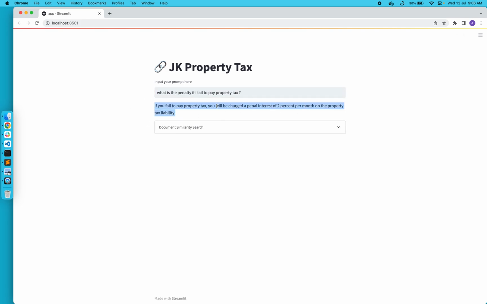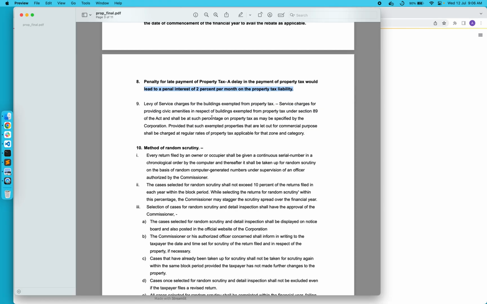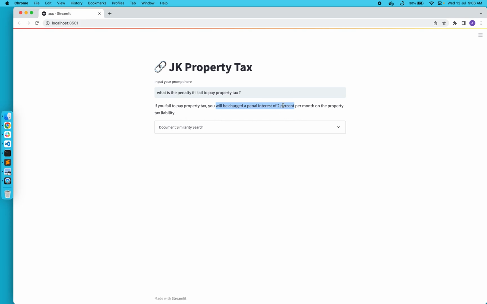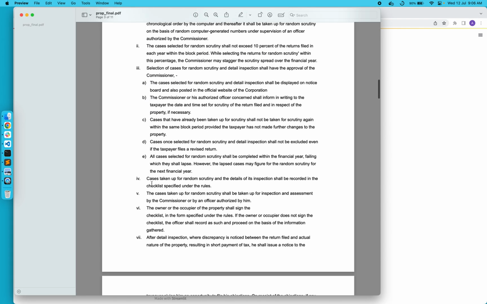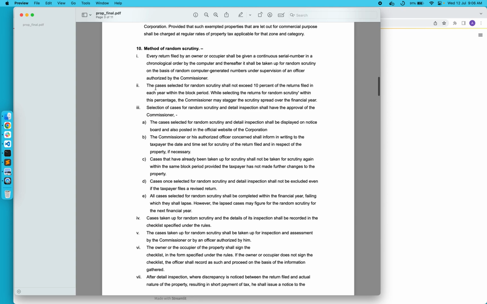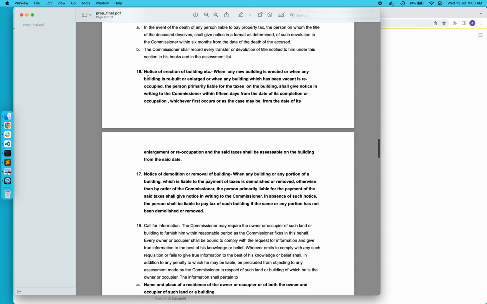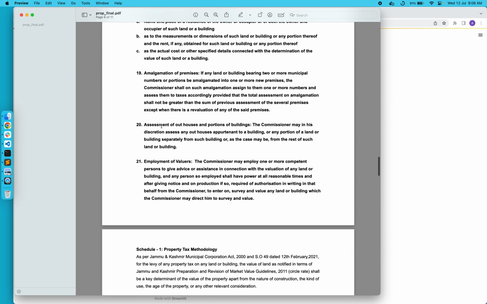See, it says if you fail to pay, you will be charged interest of 2% per month on the property tax liability, right? If I give a prompt like, will it be 5%, it will correct me accordingly and say no, this is 2% of liability. And similarly, I can ask any of the questions around here.